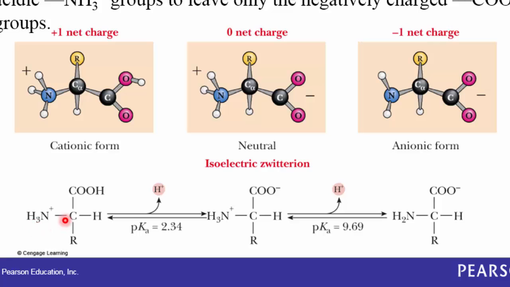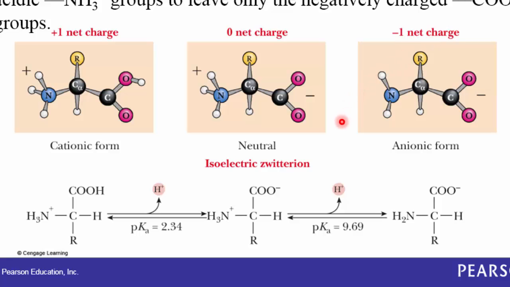It is fully protonated, as you can see, at low pH, and the net charge is +1, and this is called the cationic form. Then this proton can be lost here to form the neutral or the isoelectric zwitterion with zero net charge. Then it can lose this proton from the alpha amino group to get the anionic form with a -1 net charge.